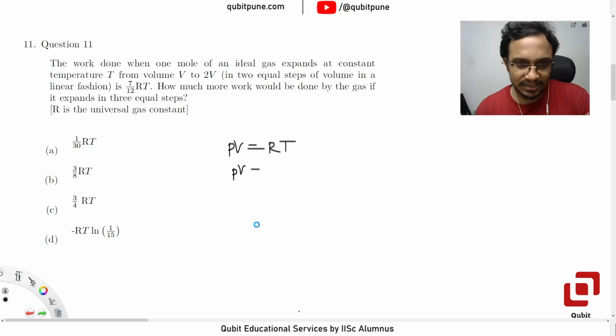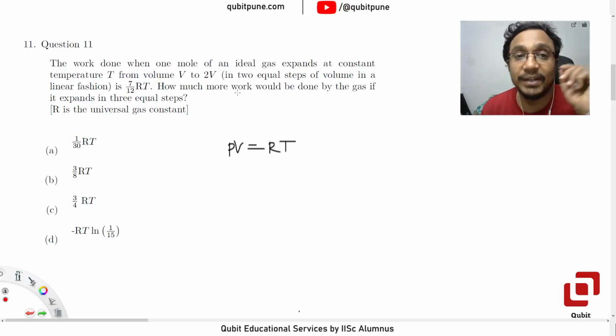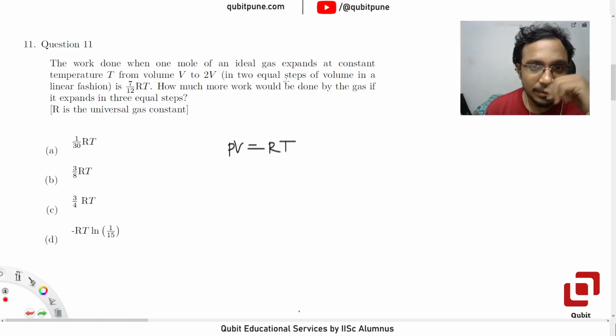Okay, I think it has something to do with the way we interpret this part. Expands at constant temperature from V to 2V.